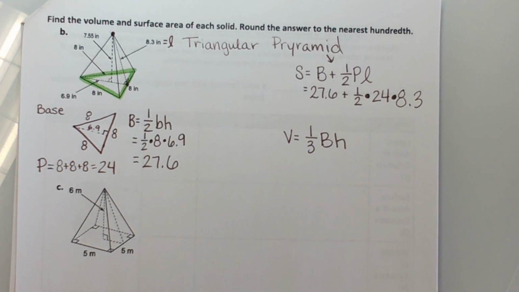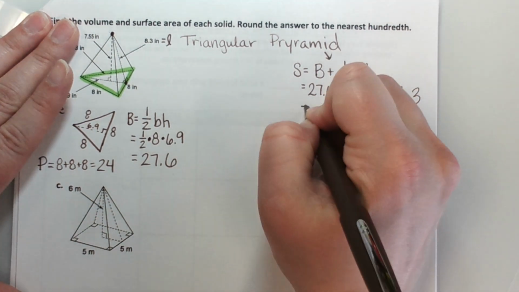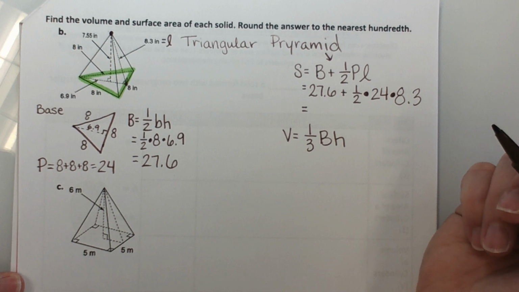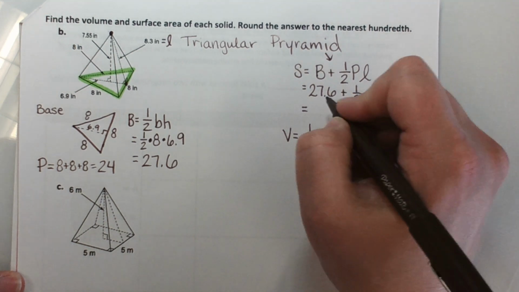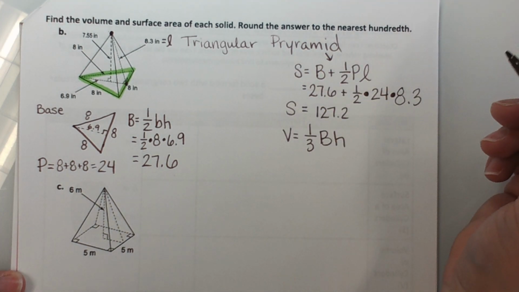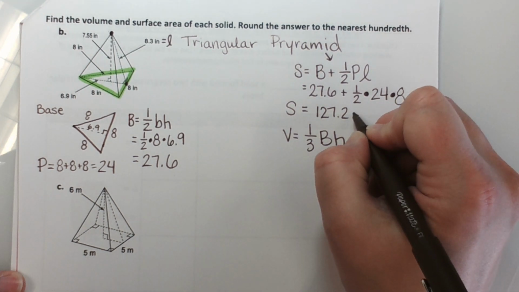Do the calculation, please. Yup. Trey, 127.2 what? Inches squared.